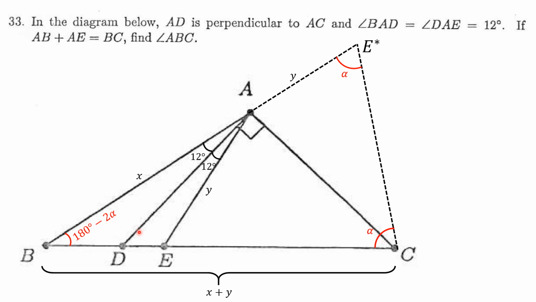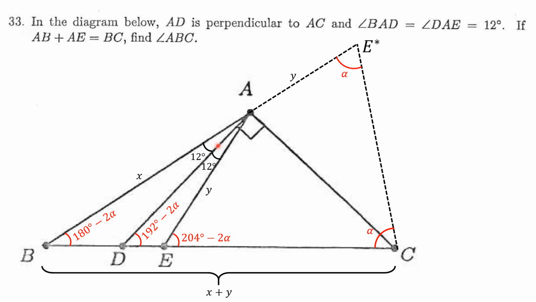Well, then we can find these angles easily because this is just an exterior angle which is going to be equal to the sum of the two opposite interior angles. So it's going to be 192 minus 2 alpha. Same for this one, 204 minus 2 alpha, because 192 minus 2 alpha plus 12 is going to be 204 minus 2 alpha.